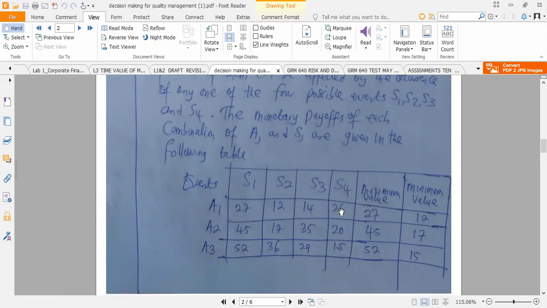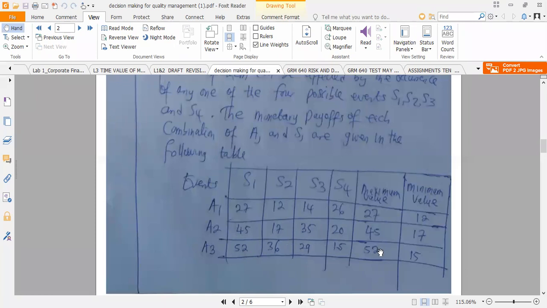The smallest number here is what? 12. So we put the minimum value there. We do the same here. Alternative number 2, we need to identify what is our highest number. We have 45. And what is our smallest number? We have 17.